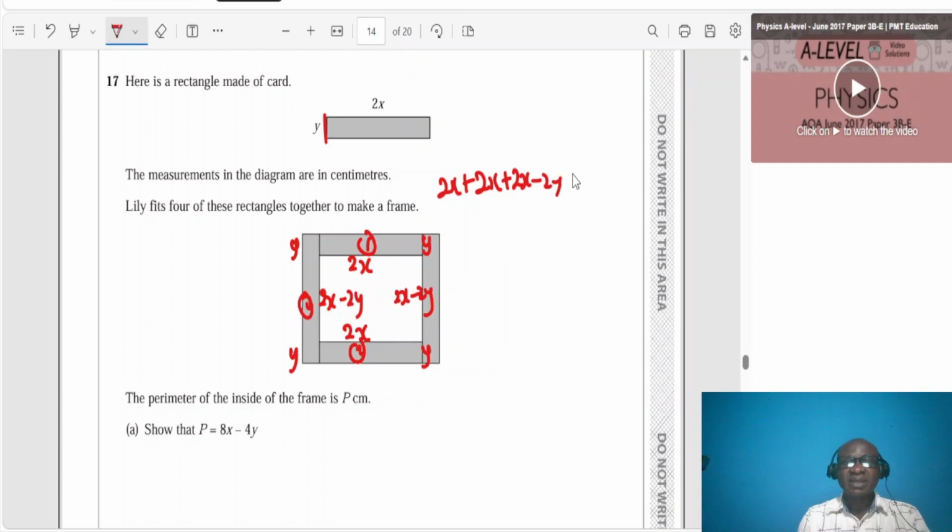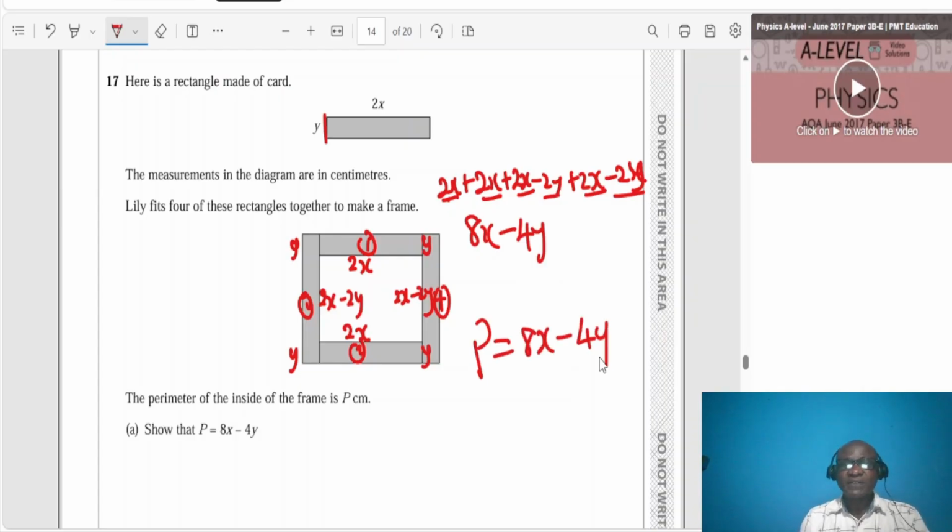Then plus side 4, which is also 2x minus 2y. I believe it's very clear. 2x plus 2x plus 2x plus 2x will give me 8x. Minus 2y, minus 2y will give me minus 4y. Therefore, the perimeter of the inside is 8x minus 4y.